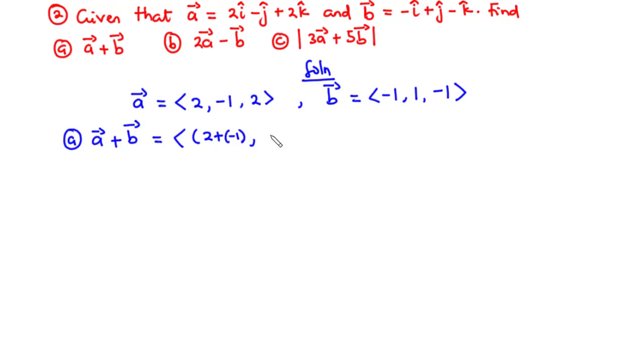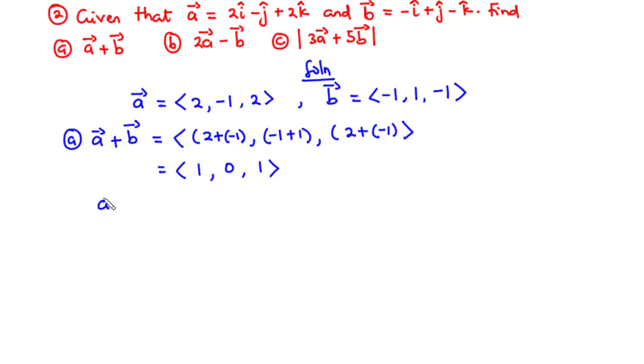Also for the y value, we have negative 1 plus 1. And then for the z value, we have 2 plus negative 1. Now let's simplify further. 2 plus negative 1 is 1. Negative 1 plus 1 is 0. And then 2 plus negative 1 is 1.